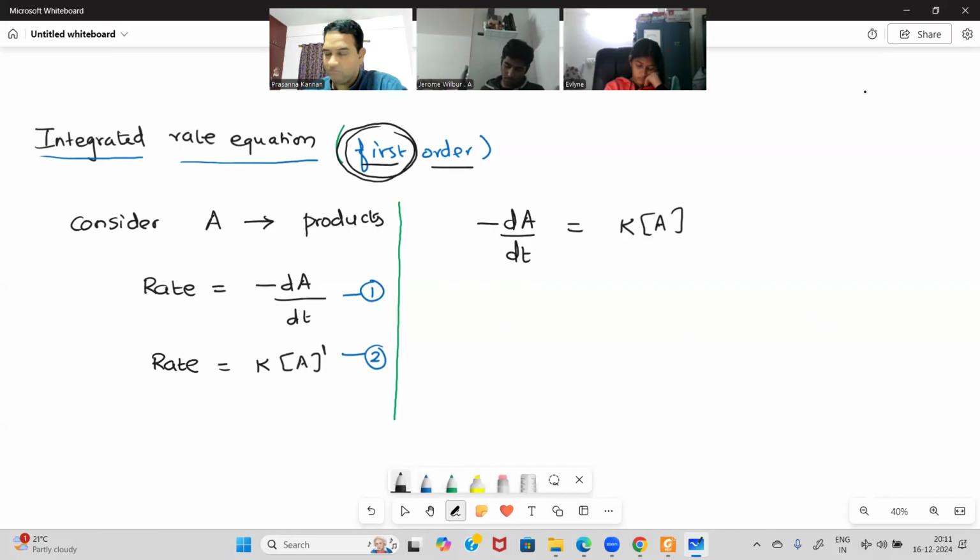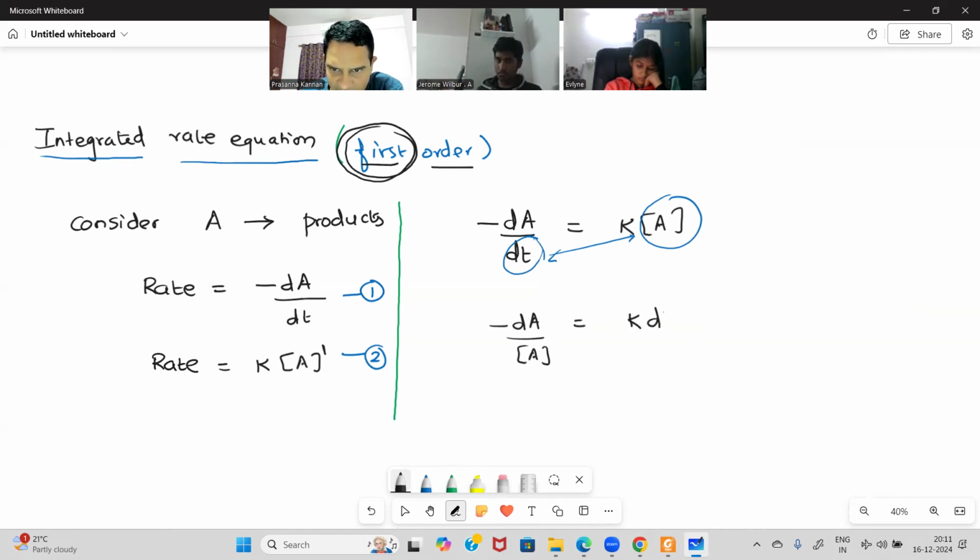You have learned a method called variable separable, isn't it? So what are you going to do? You're going to bring A down, and dt you are going to shift to the other side. Is it clear? So what are you going to have? Minus dA by A is equal to K into dt, isn't it?